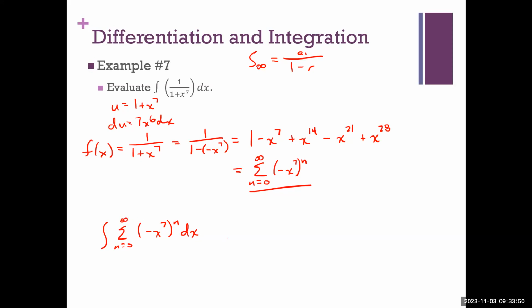What is that antiderivative if we know it? x to the n plus 1 over n plus 1, minus 1 over negative 7 x to the power.